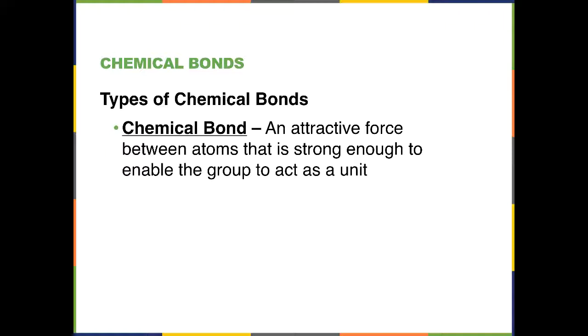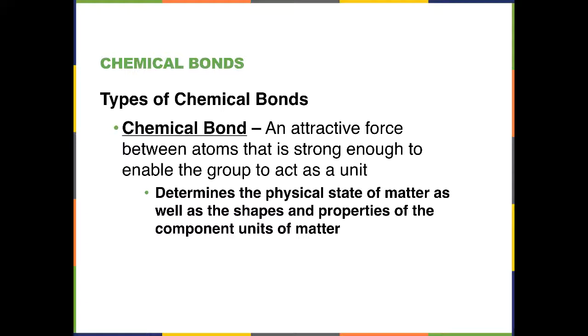And so what happens is there are other attractive forces that occur between atoms and between molecules. But these attractive forces are strong enough that the atoms involved are linked together in such a way that unless some significant action breaks them apart, they will act as a unit or a group on their own.